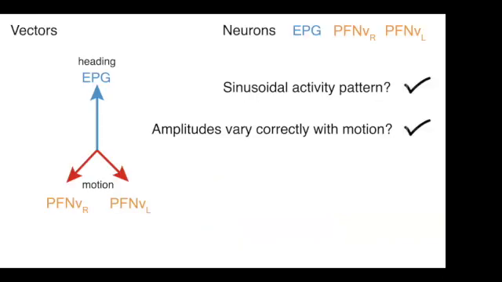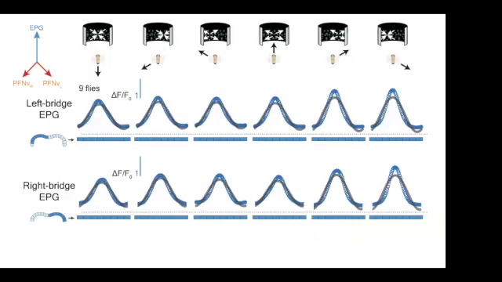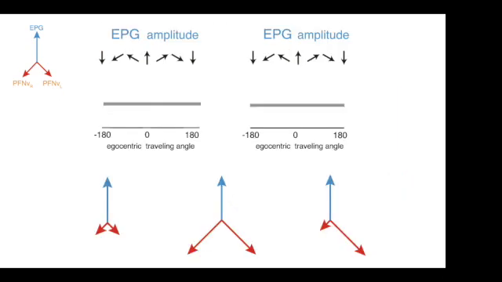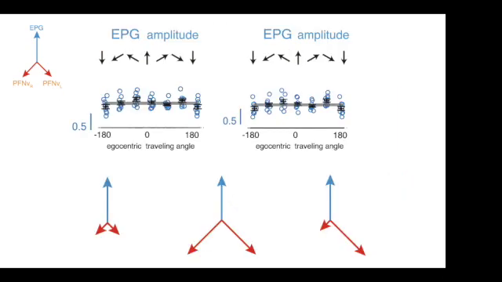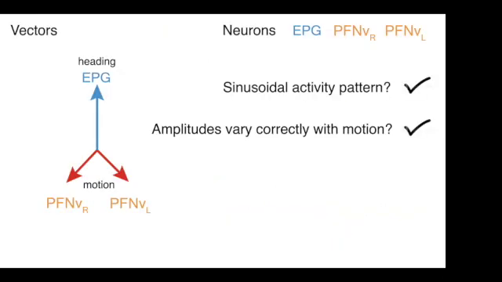So I'm going to give a victory there, but let me just add one thing, and that is that we're assuming this front heading projection vector is just constant. And so it should not vary as they simulate in the experiments different traveling directions, and that's true. So in the model, we'd expect a straight line, and that's a pretty good fit to the data. So it really looks like these sinusoids are representing three vectors, one at a constant length and the other two varying appropriately with the motion of the fly. So we'll give ourselves a victory then.